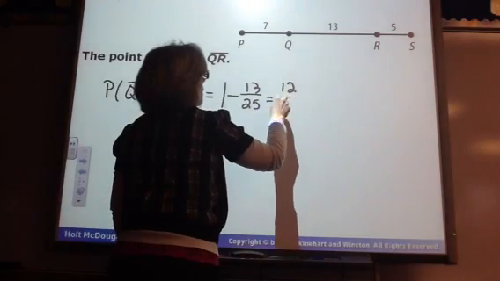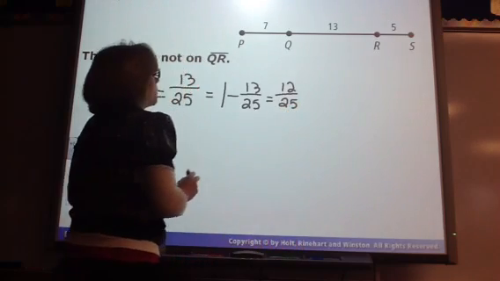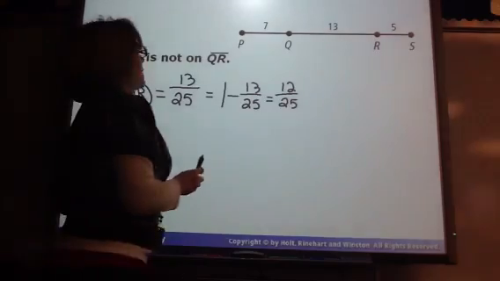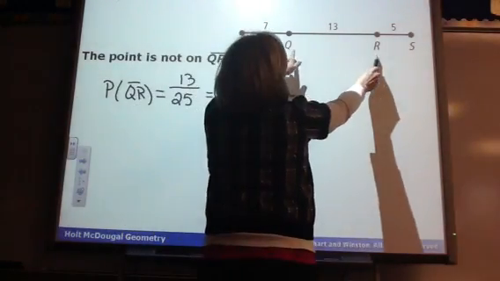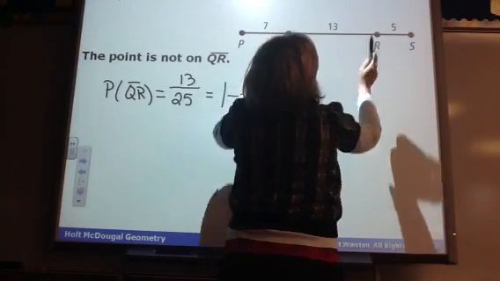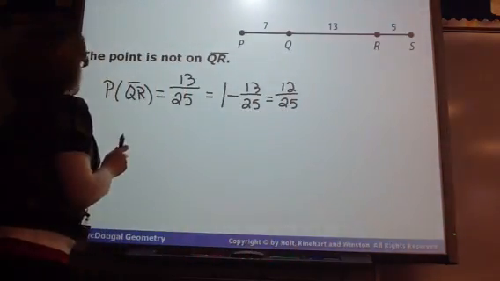So that would be 12 out of 25. So the probability of it not landing on QR would be 12 out of 25. Now another way you could do that, class, is to take not QR, which would be the PQ and the RS, and add the 7 and the 5 and put it over the sample space.